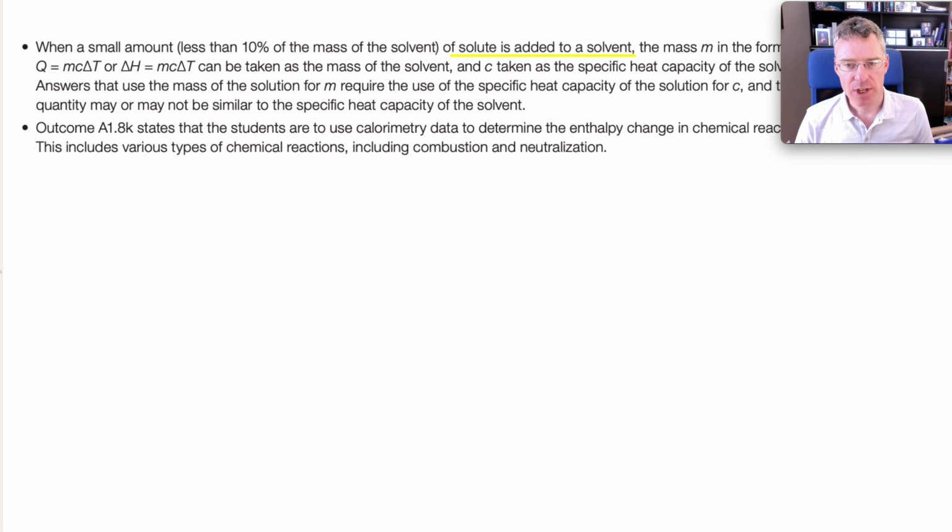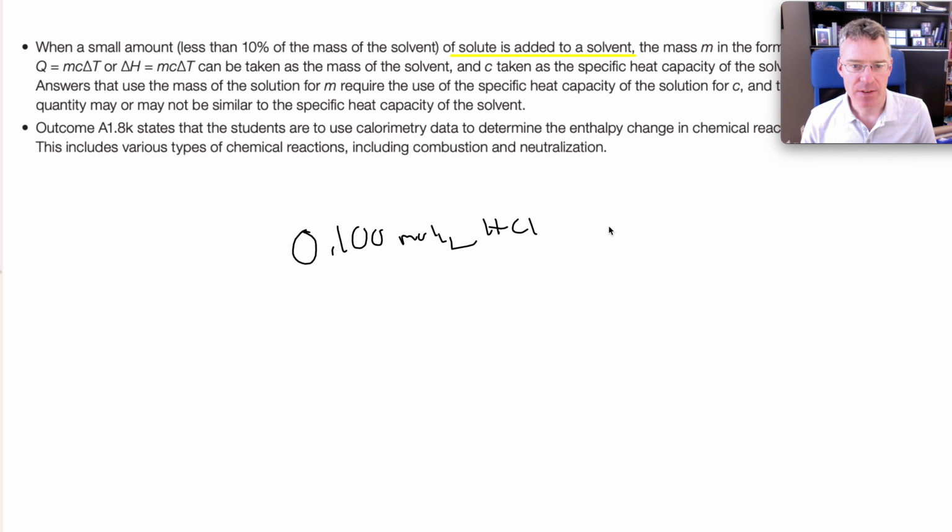One of the assumptions you have to make in calorimetry for dilute solutions is just using the solvent. If you have 0.100 moles per liter of HCl and you've got 27.5 mL of this, it's talking about using just the solvent for doing your calculations.